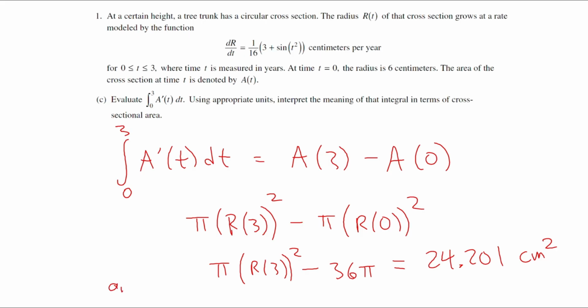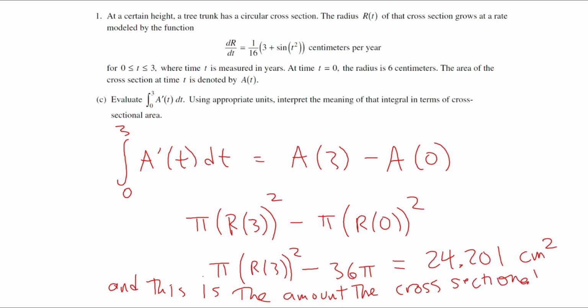So we'll write that this is the amount the cross-sectional area changes from t equals 0 to 3.